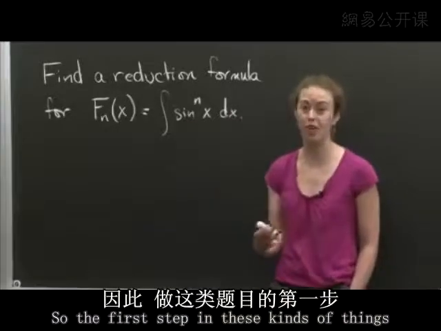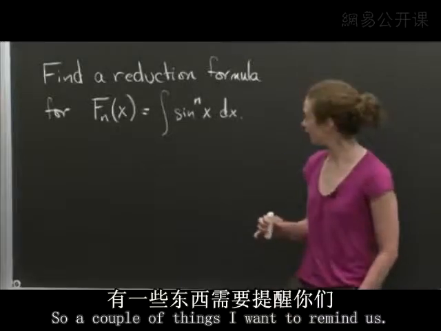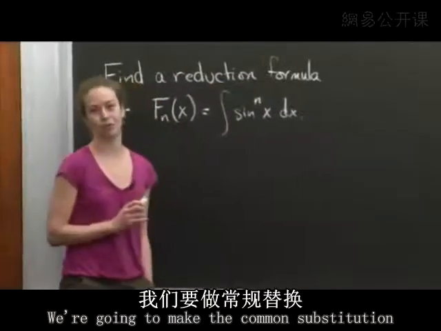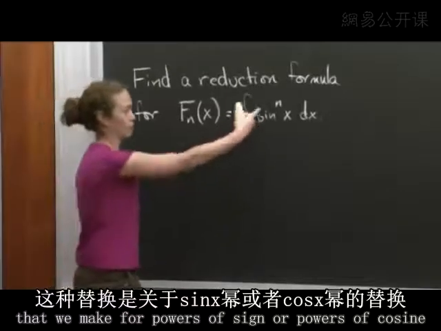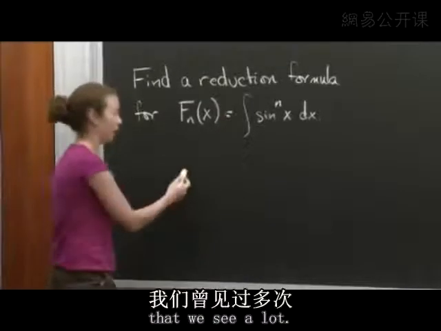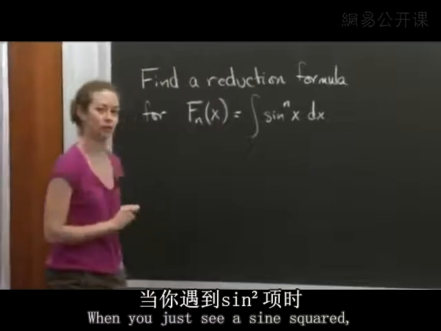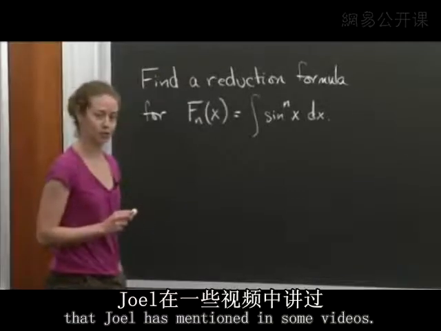So the first step in these kinds of things is finding a reduction formula. So a couple things I want to remind us. We're going to make the common substitution that we make for powers of sine or powers of cosine that we see a lot. Well, I guess actually there's two. When you just see a sine squared, sometimes you do this half angle formula or double angle formula that Joel has mentioned in some videos.